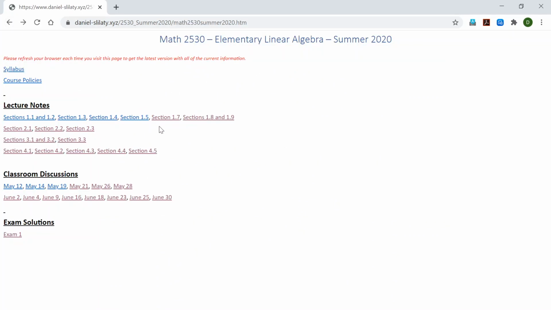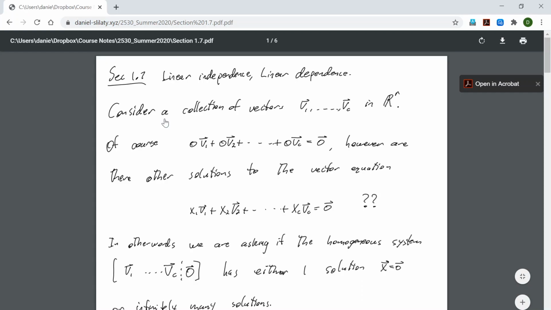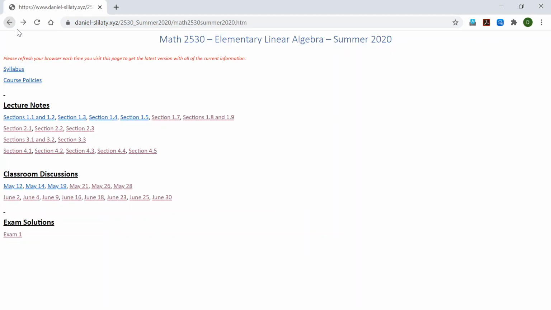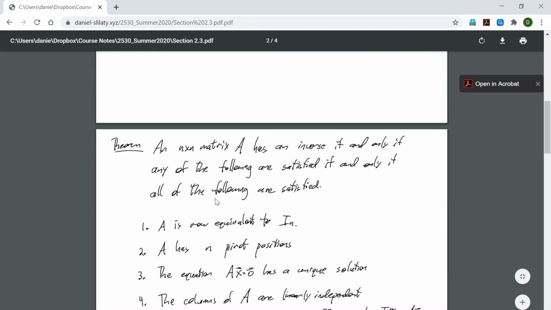Where was it? 1.7? Oh, 2.3. Yeah, we didn't do inverse till chapter 2.